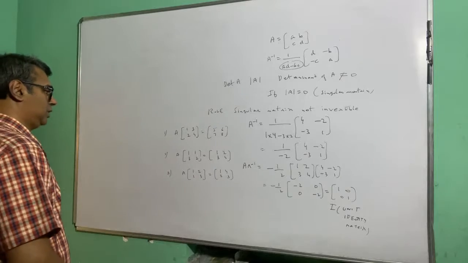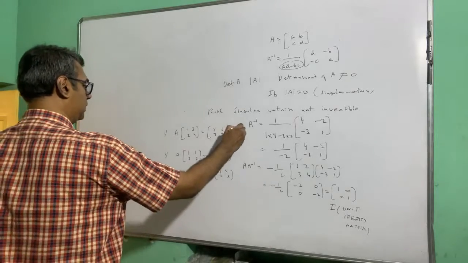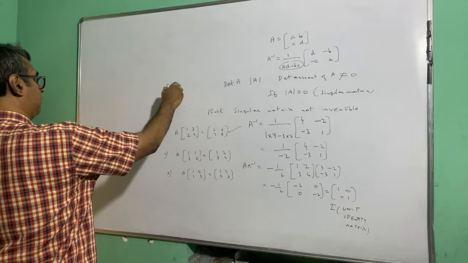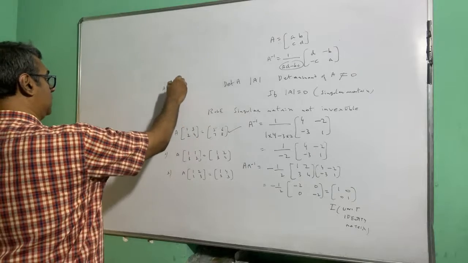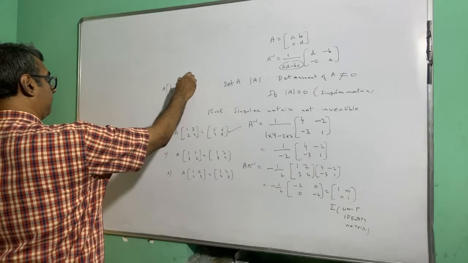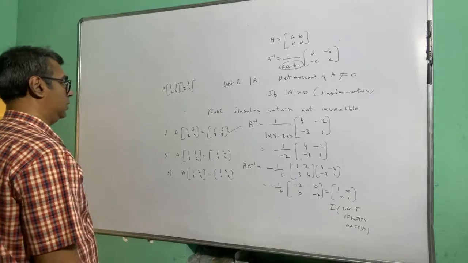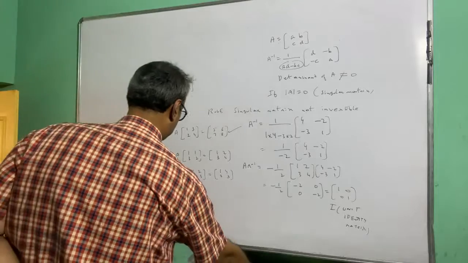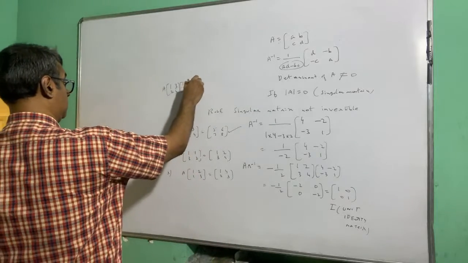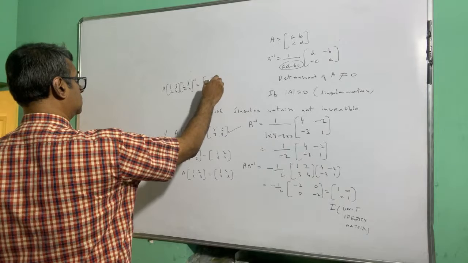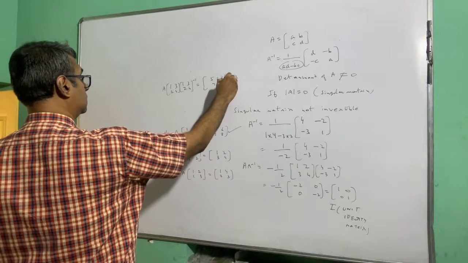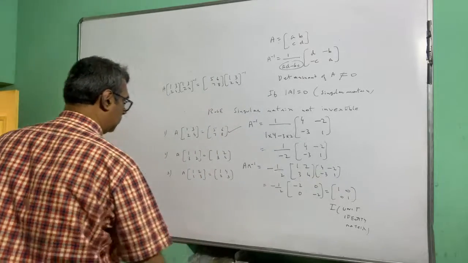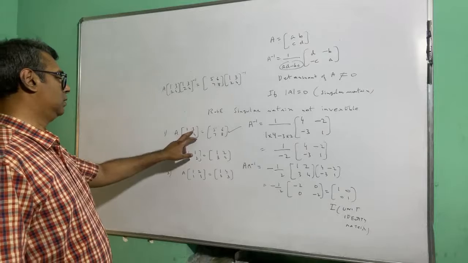And for each of these questions, the method is like this. Suppose you are doing this question. So the method will be, you multiply both sides with the inverse of 1, 3, 2, 4.